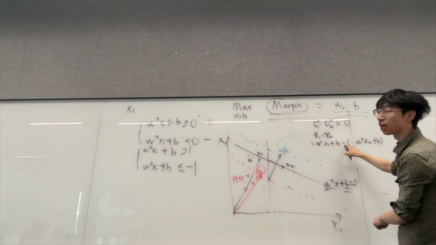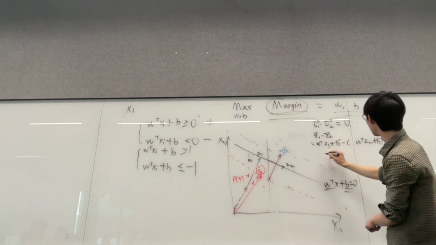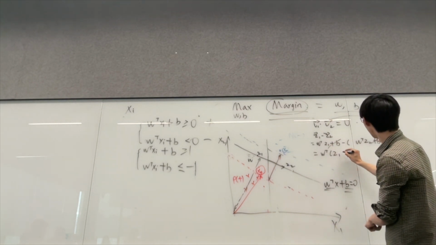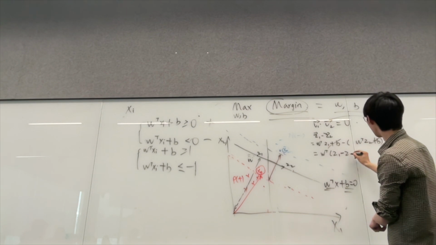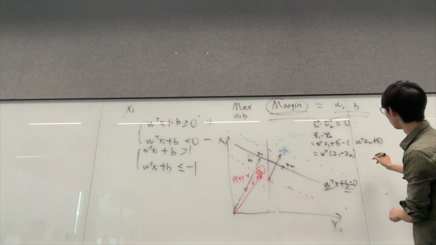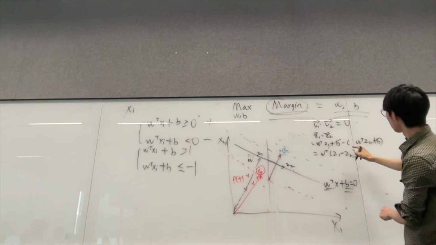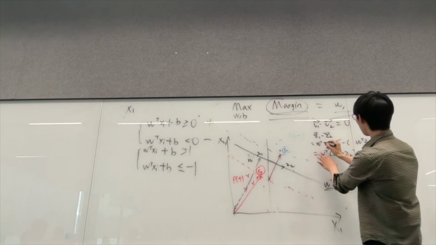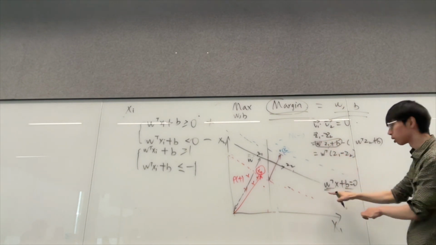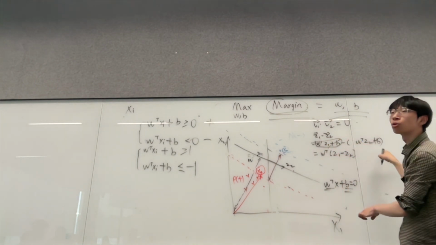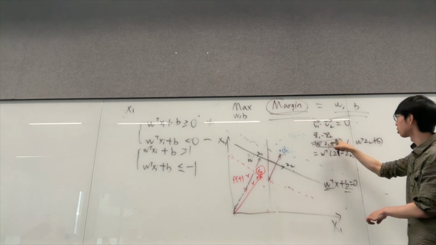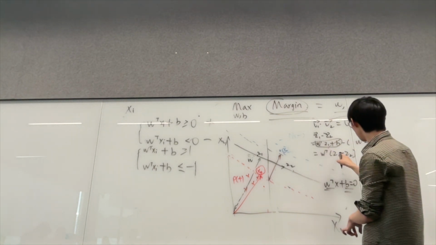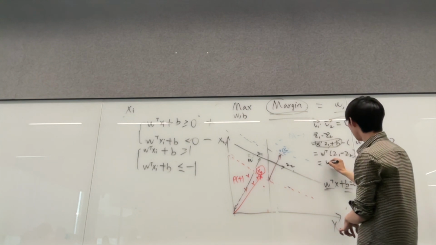You have b here, you have b here, you have minus here, so you eliminate this. So what you have is W transpose times Z1 minus Z2. Remember, this is equal to 0, right? Because it's on this line. This also equals 0 because it's on this line, right? So 0 minus 0 is 0, right? So W transpose this is 0, right?